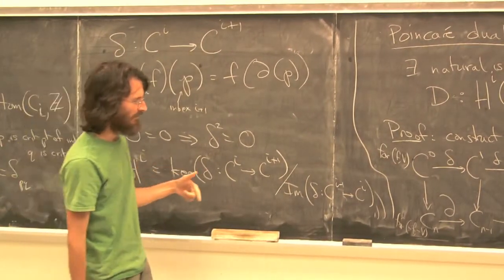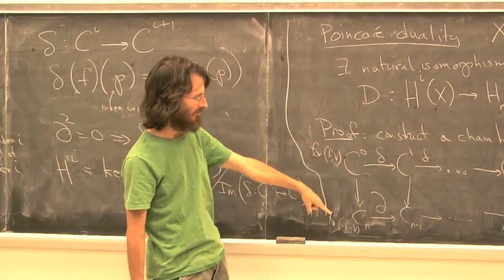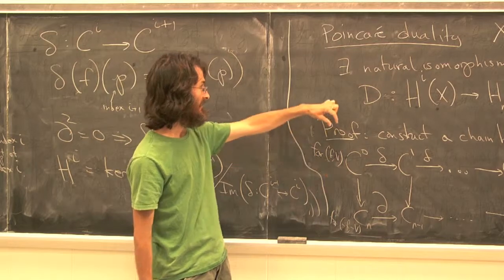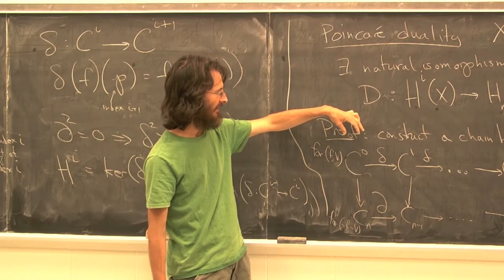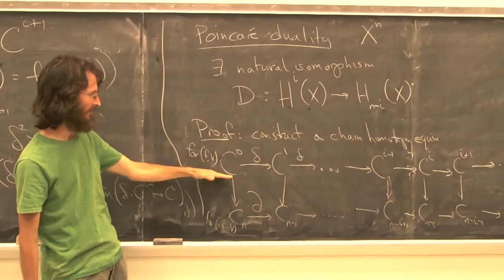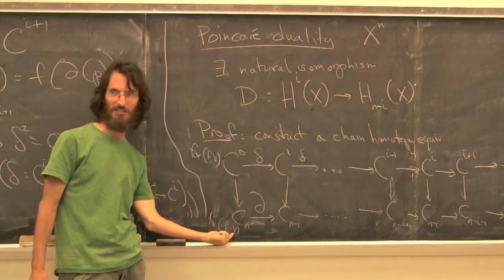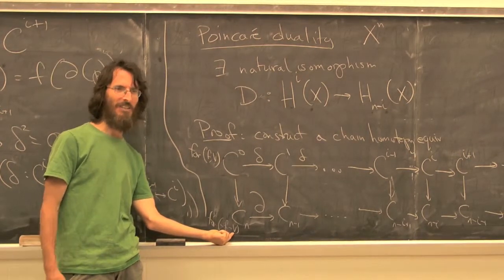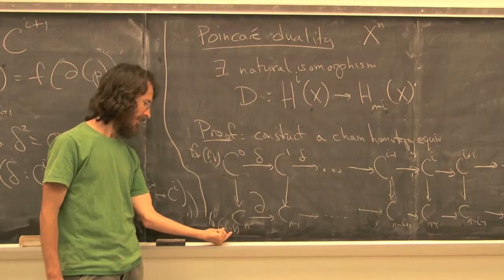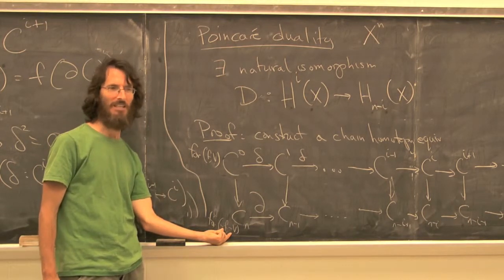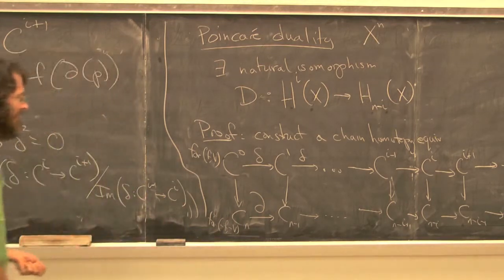If you believe that such a chain homotopy equivalence exists, that means there's an isomorphism from the cohomology coming from f and v to the homology coming from minus f and minus v. And then you need what we already did to show that the homology for minus f and minus v is isomorphic to the homology for f and v.